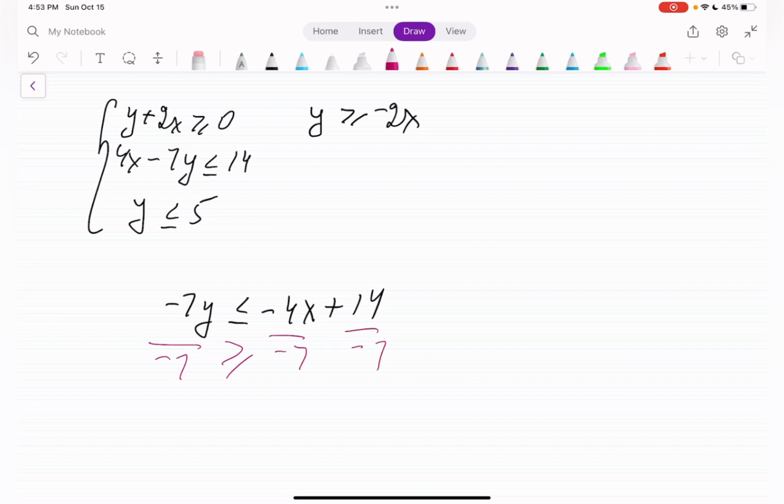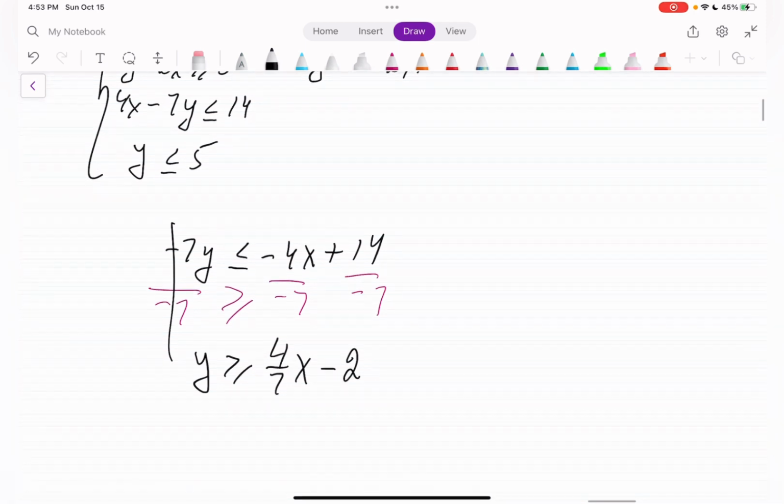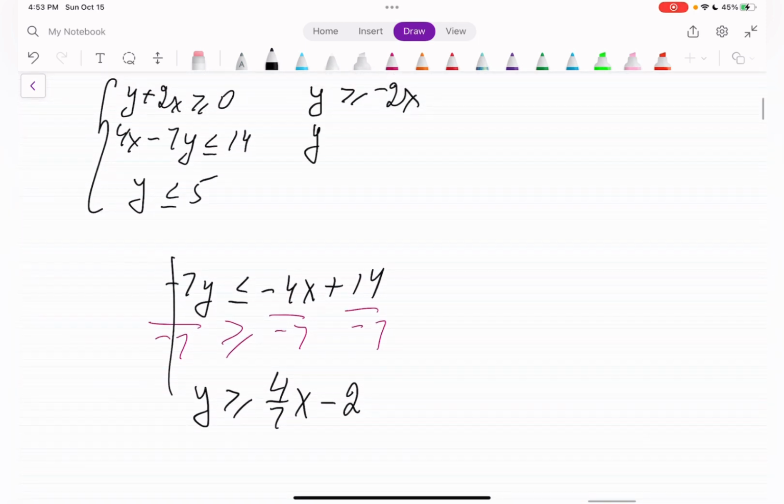What we are getting is y is greater than or equal to 4 over 7x minus 2. And lastly, we have y less than or equal to 5.